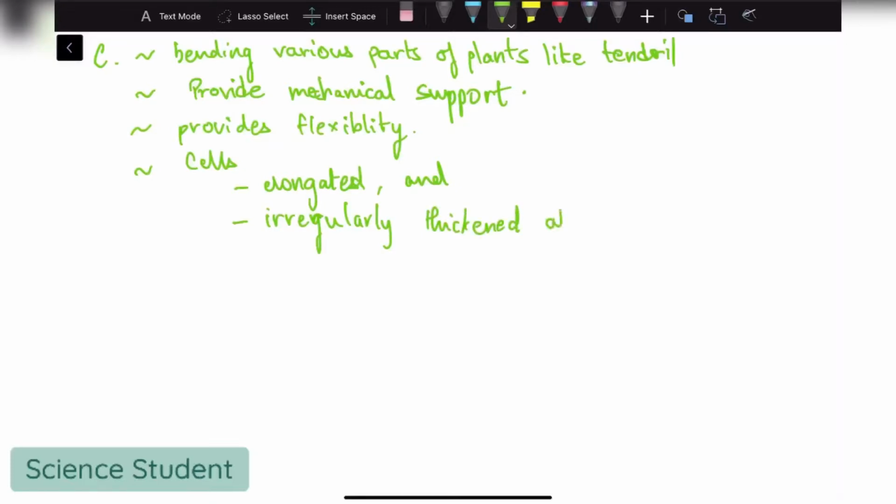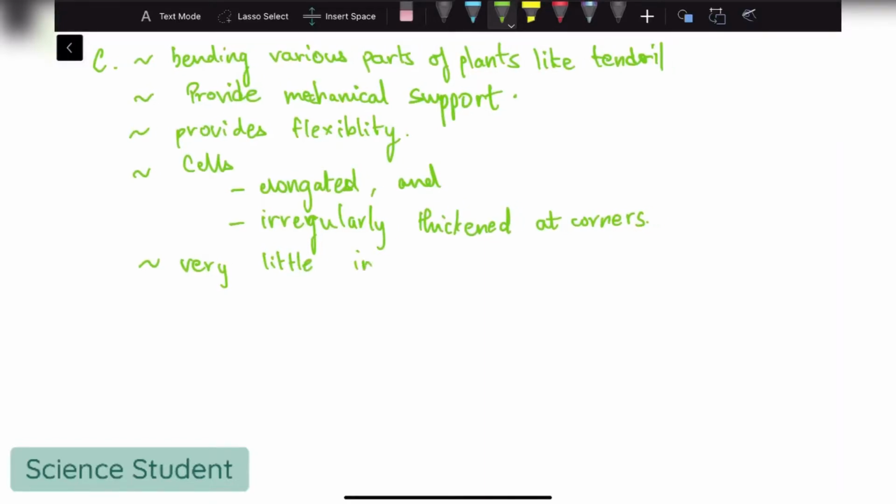Okay, so this is about cells. The next point is they have very little intercellular space, less intercellular space than parenchyma. So collenchyma has less intercellular space.